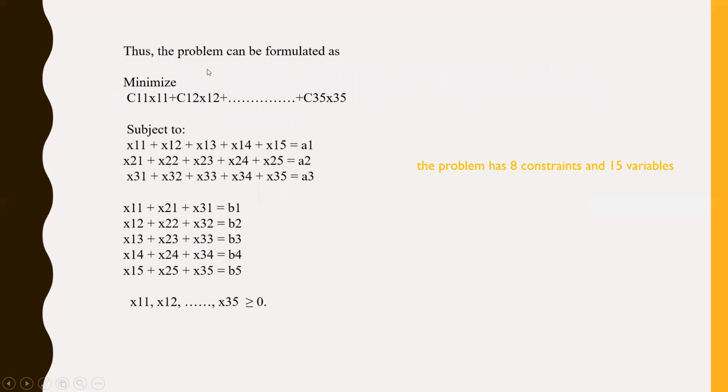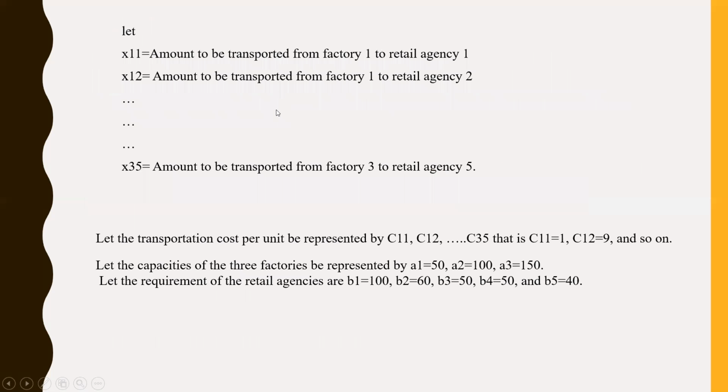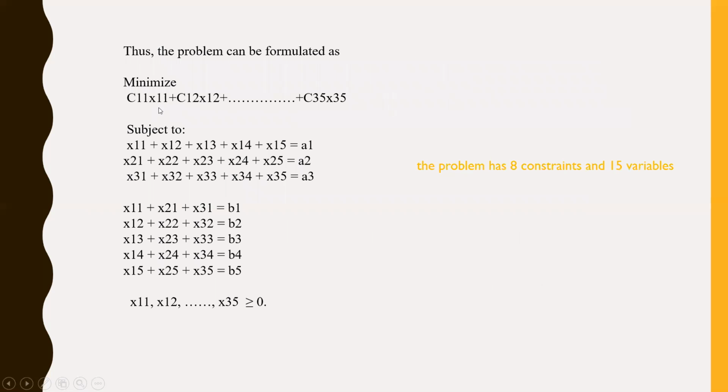Then the problem can be formulated as: minimize C11 X11, where C11 is the cost of transporting and X11 is the amount of products which has to be transported.